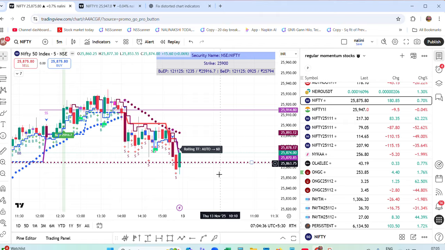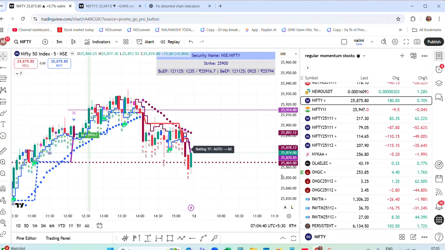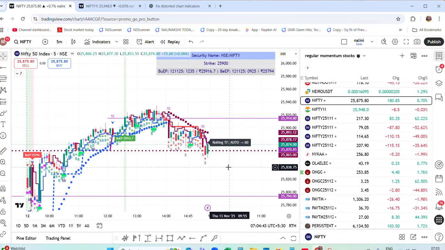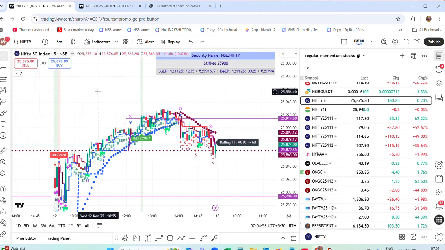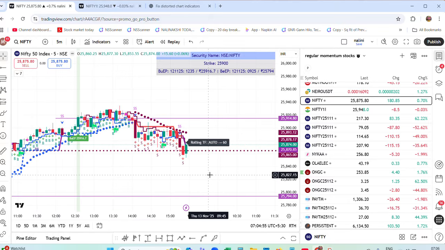It can trade up to this, and it may stay in this range today, and it may break down also. So in the initial hour, you need to be very careful. You need to trade with caution. Immediately don't jump into the trade.